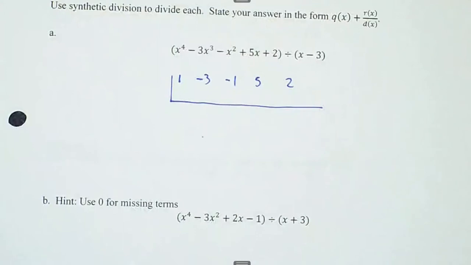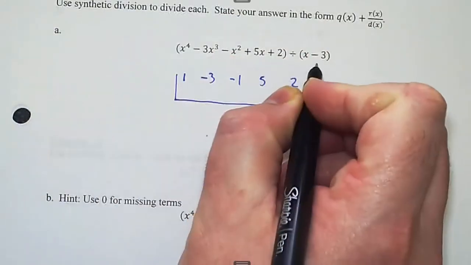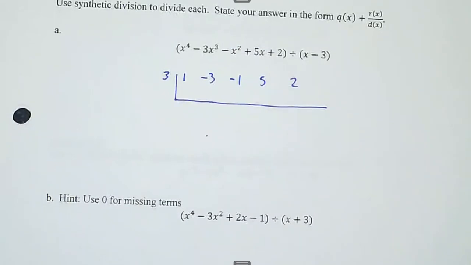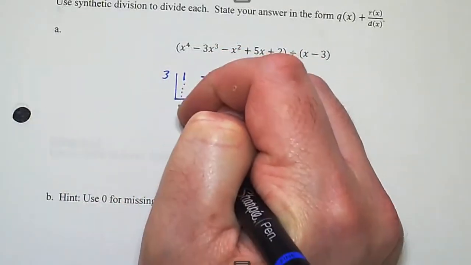Now, if there's a missing degree, you have to use 0 for the missing term here. There's no option. You'll just get it wrong. Then what you put here is the opposite of that number, 3, for reasons that you'll figure out as we go along. Okay, first step in synthetic division is to take this number and bring it straight down.